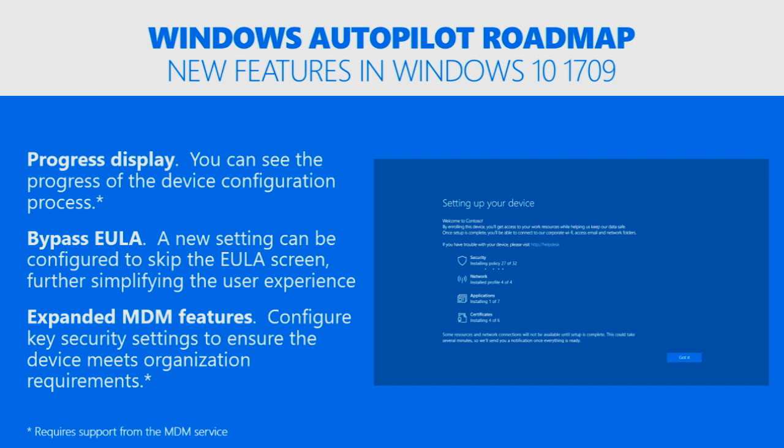The big focus with Windows 10 1703 and 1709 is really configuring the security settings of the device. So we'll add things like configuring the firewall via MDM, setting up all the settings that are in the security baselines that we publish. All of those will be possible via MDM as well, so that you can get that device fully configured, fully secured, and ready to be used in the organization.